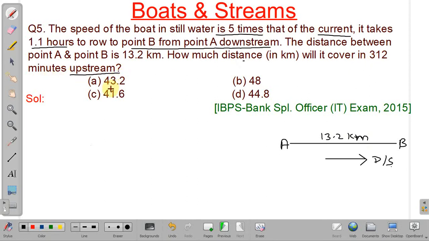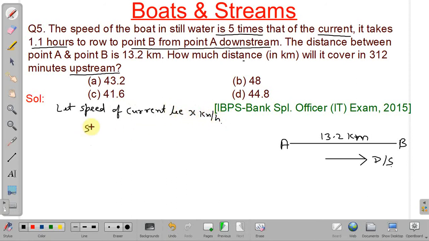So first we need to calculate the upstream speed and downstream speed. As it is given that the speed of the boat is 5 times that of the current, let the speed of the current be x kilometer per hour.